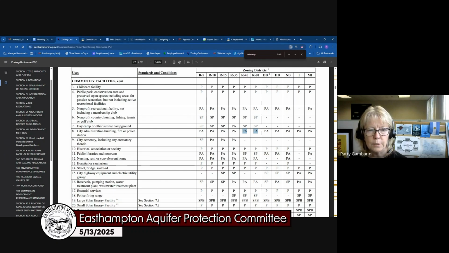Yeah, with site plan approval. And the other one was all these medical things: nursing, rest, or convalescent home, hospital, or sanitarium. That's interesting. It probably would not be a good use over the aquifer. Then a police firing range, that was the other one that caught my eye.